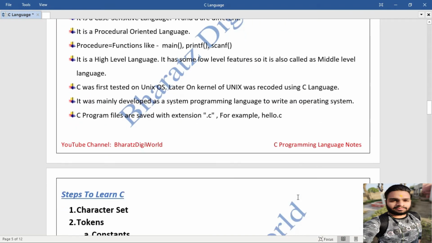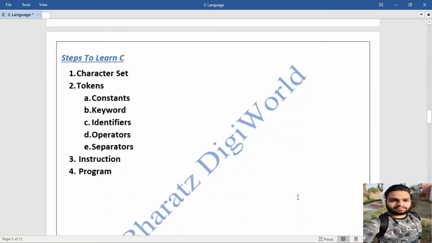Okay guys, now let's move to steps to learn C language. So the first step will be we have to learn about character sets. Then after learning character sets, we will learn about tokens in C language. In tokens, we have five categories.